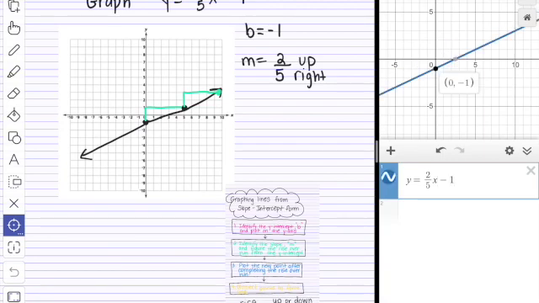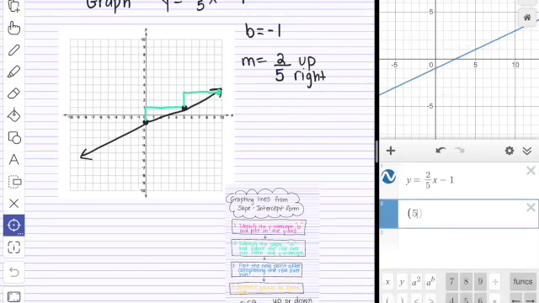I see that my y-intercept, I clicked the y-intercept and it was at 0, negative 1. And we should have a point at 5, 1. So if I go to 5, 1, I can see at 5, 1 that clearly is a point there. I can also type the point 5, 1, and I can see that it lands on the graph. Okay, so these are just ways to check behind yourself.